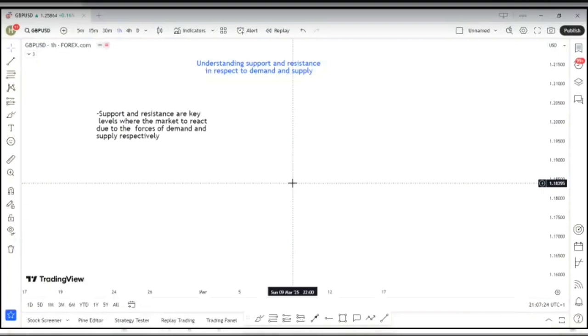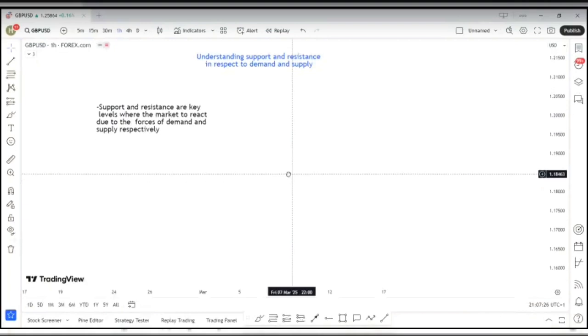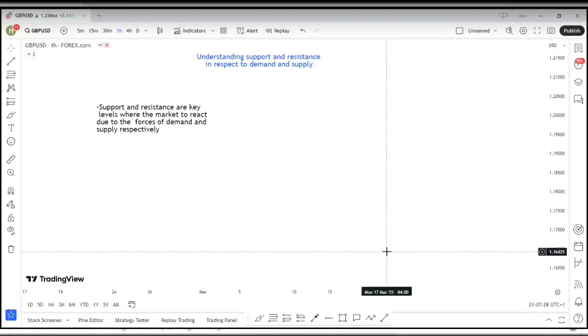So let me show you an example of demand. In this class, I will use a framework to show you how to identify demand and supply because I don't have enough time right now. Maybe next class that I will schedule, I will show you in the live market.